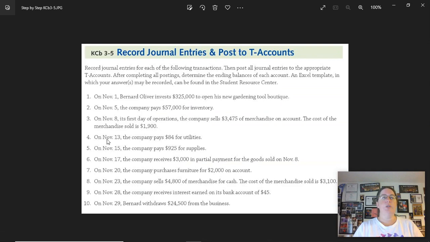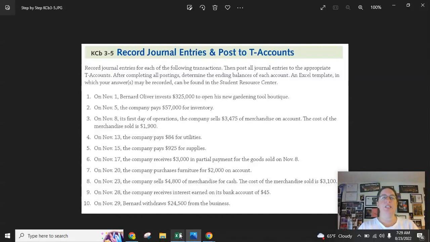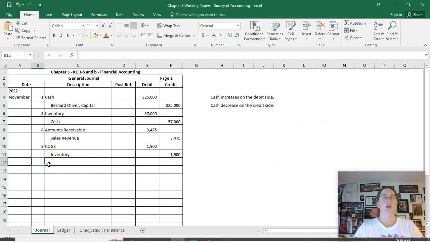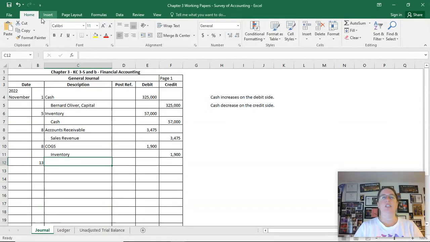Our next one, number 4, on November 13th, the company pays, so we're looking at cash, $84 for utilities. So we paid an expense. Our date is the 13th. We paid our utilities expense. Expenses are debited to show that they're increasing.